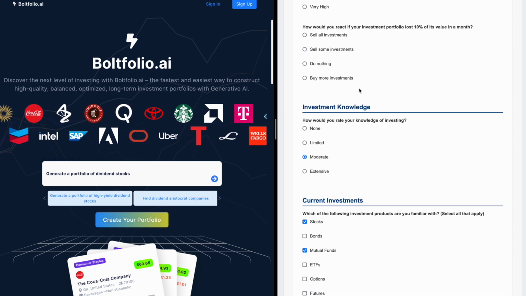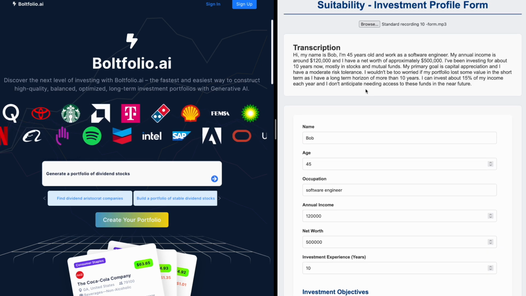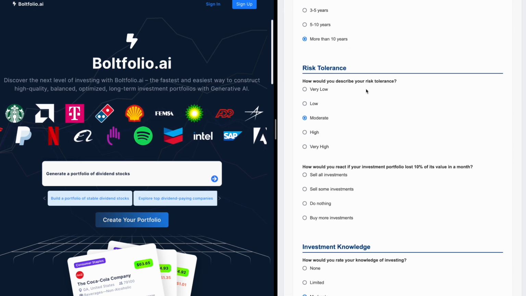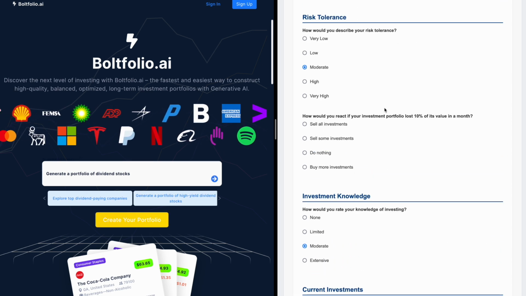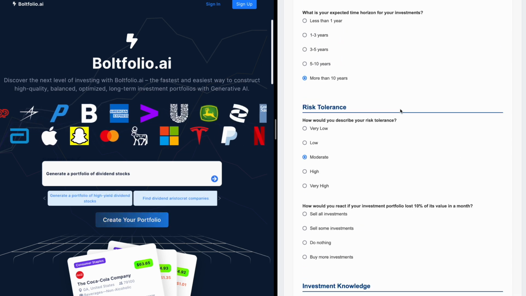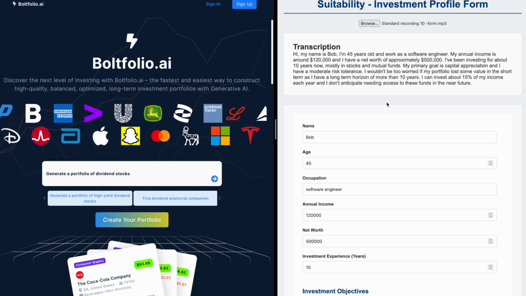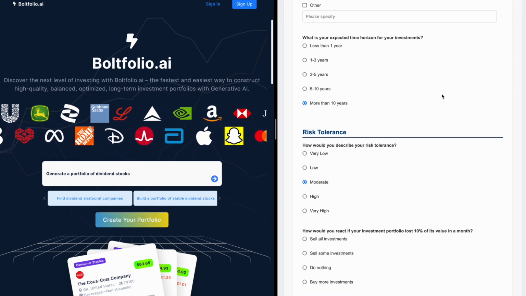And it got about 80 or 90% of the form completed, and there are a few areas which have not been filled out. And I think that has something to do with possibly that I didn't explicitly state that in my statement, or it's more subjective.